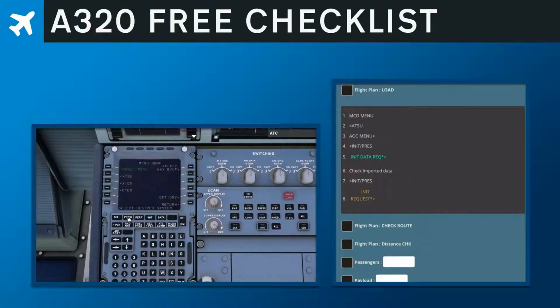I always get confused with this one. So program, it's not that one, it's not performance, init, data. Right, let's go MCDU, FMGC. Oh, there we are. So that's the first one we need to do, is to check that.